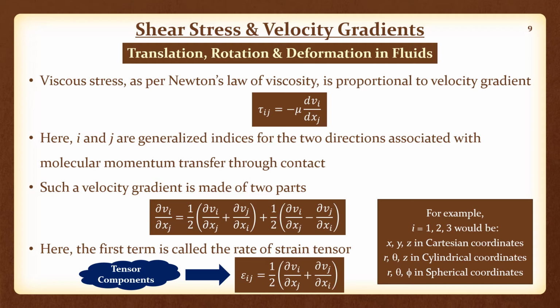Why is there this momentum being transferred from one layer of a fluid to another layer of fluid? What did we conclude? We concluded that molecular momentum transport occurs from a region of higher momentum to a region of lower momentum. In other words, there has to be a momentum gradient.